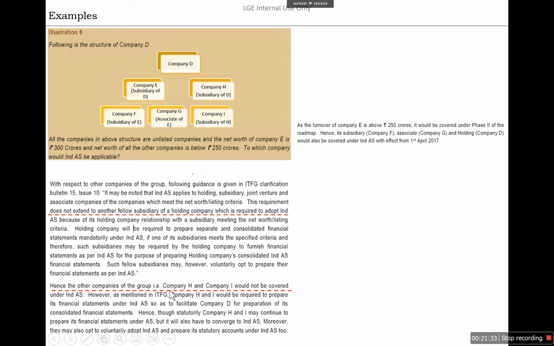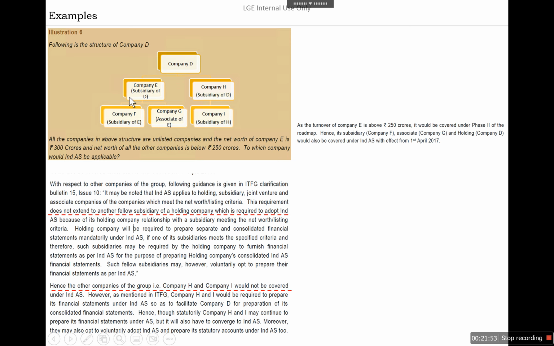Hence, the other companies of the group, that is H and I, will not be covered under Ind AS. And E will be covered under phase 2, and hence companies F and G and holding D, these four companies will be covered under Ind AS applicability under phase 2.